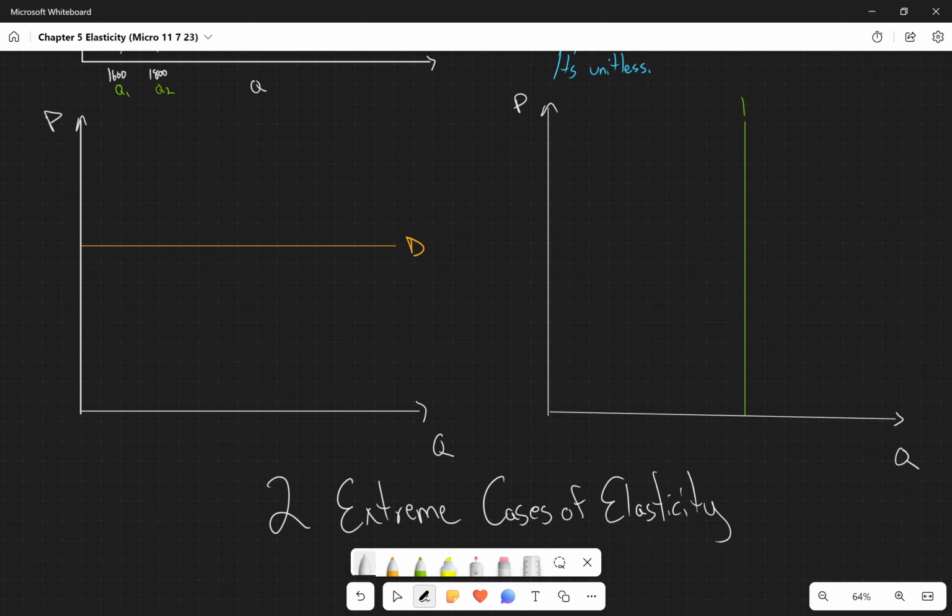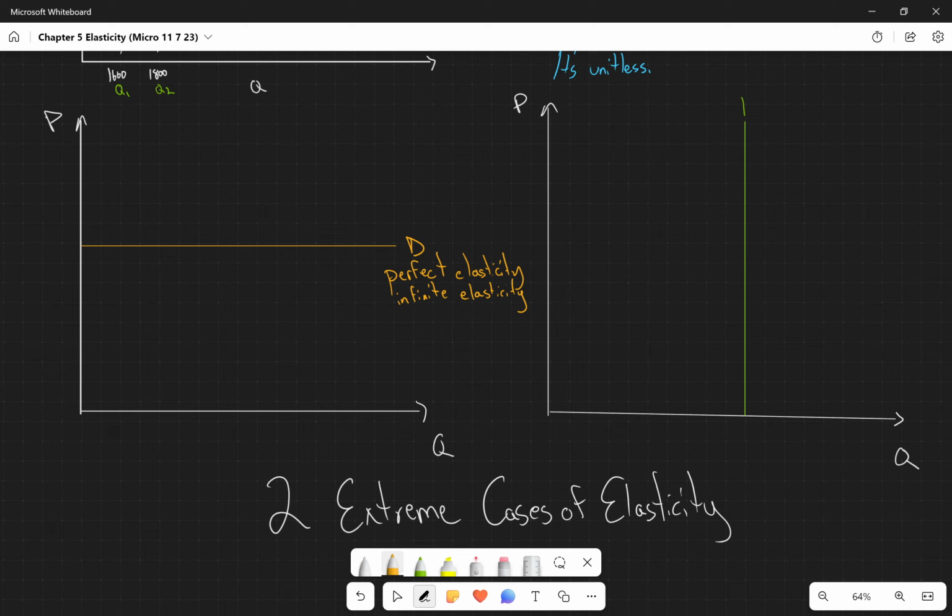So what we see on the screen and board now are two of our extreme cases of elasticity. The first one that we're going to discuss is our situation of what we call perfect elasticity, or infinite elasticity.